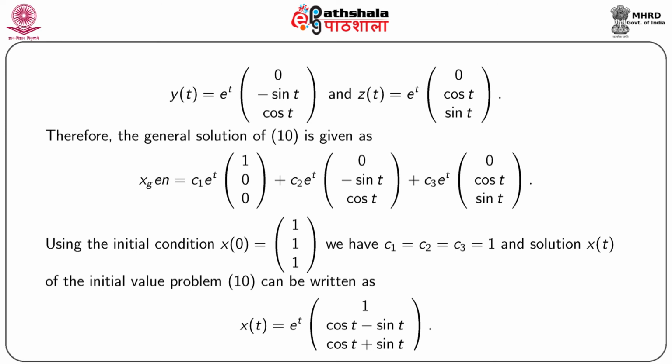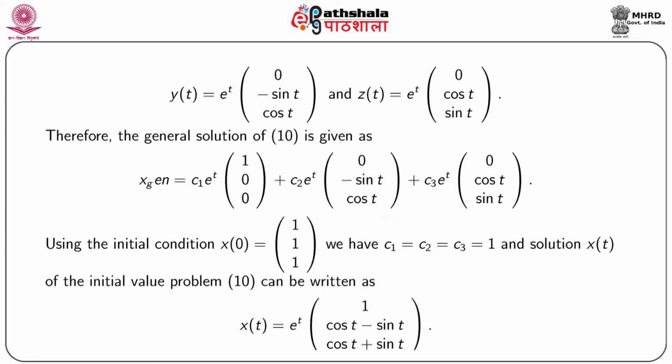And hence, we conclude that the general solution of equation 10 can be written in the form x general is equal to c1 e to the power t into 1 0 0 plus c2 e to the power t into 0 minus sin t cos t plus c3 e to the power t into 0 cos t sin t.